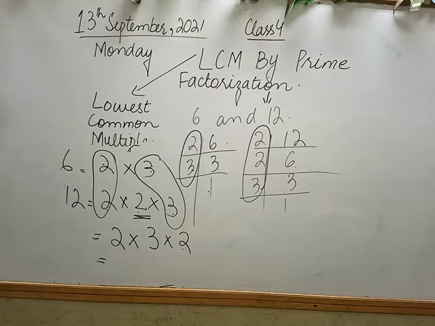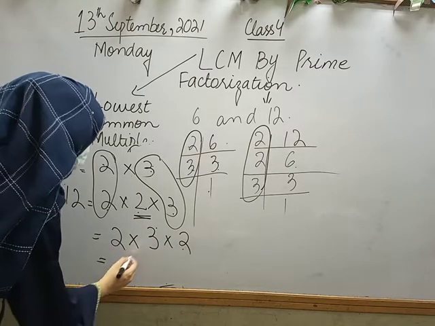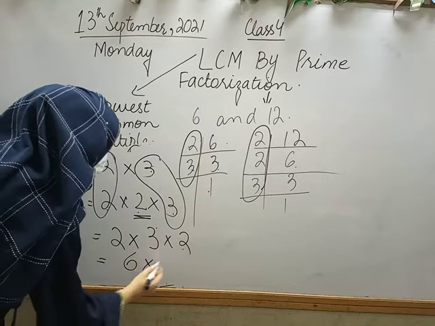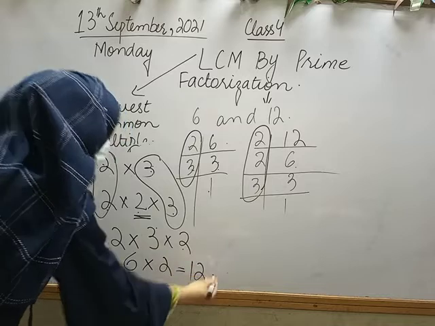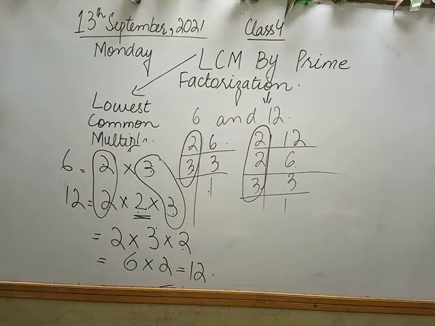Fine. Now in the end I will multiply the numbers: 2 into 3 is 6 and 6 into 2 is 12. So the LCM by prime factorization of 6 and 12 is 12. So class, this is all related to your previous lesson.